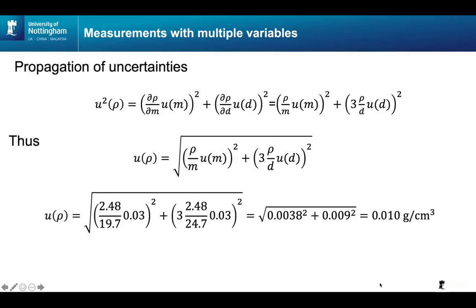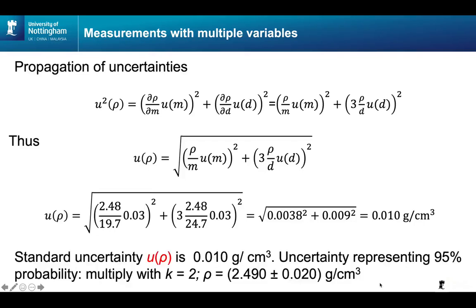Plugging in the numbers, that gives the square root of 0.038 squared plus 0.009 squared, which is 0.01 grams per centimeter cubed. So that's our uncertainty for multiple variables. In this case it was mass and diameter, and now we get the uncertainty in the density measurement without considering the correlation terms, remember. But we'll come back to those.